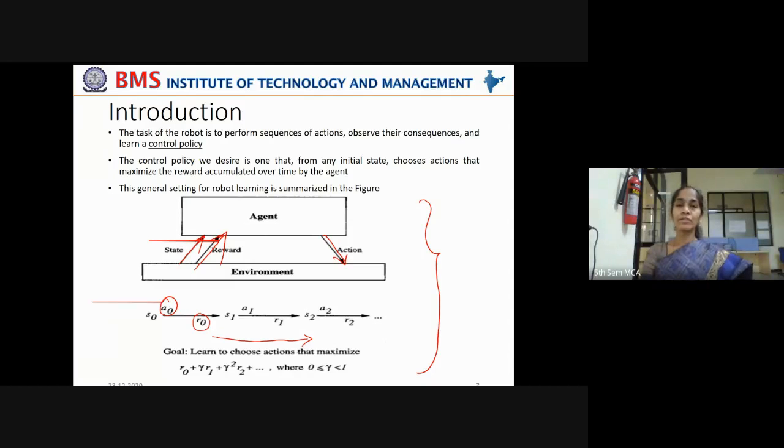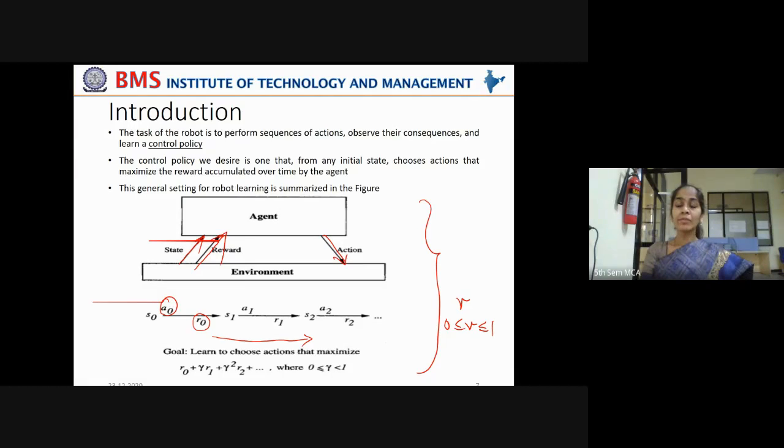And also we understood that the agent will be interested only in immediate rewards in the learning process rather than delayed rewards. That is why we took a constant gamma which lies between 0 and 1. This gamma is a discounting factor. It indicates the time that is taken to give the reward to the agent.